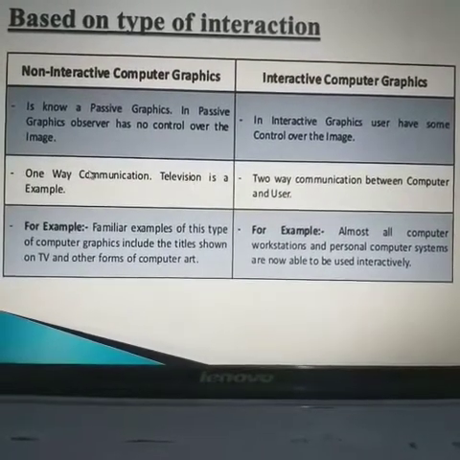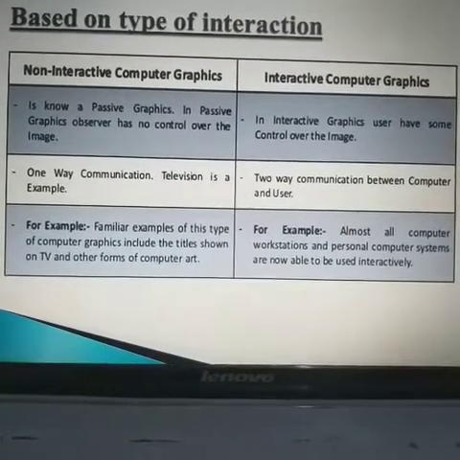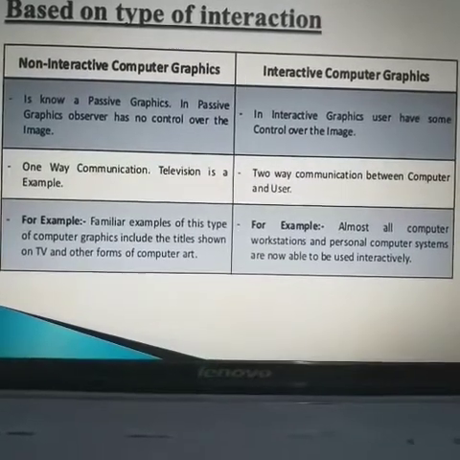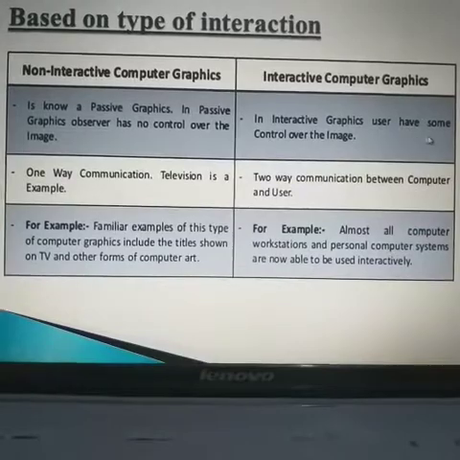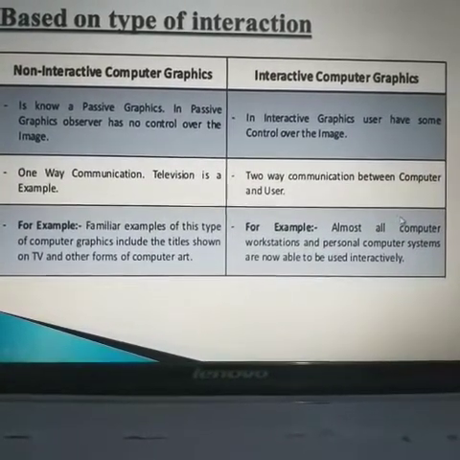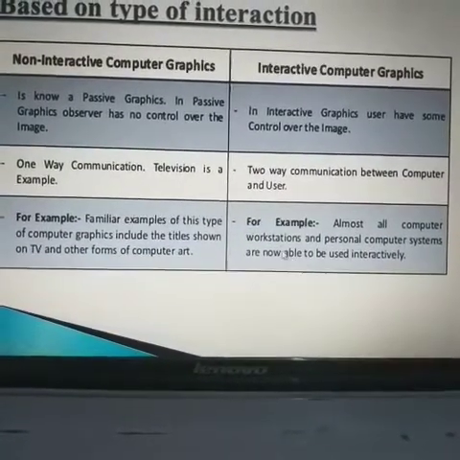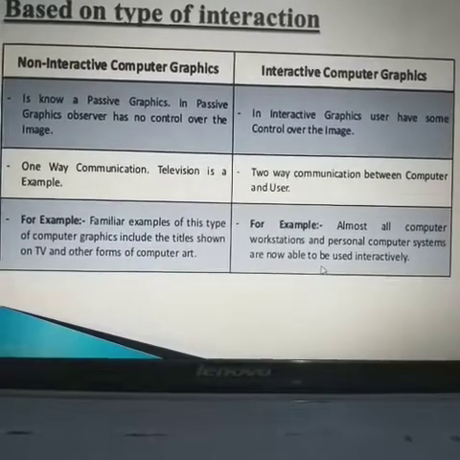It is one-way communication, for example television or the telecast broadcasting system, so there is no user interaction in it. The second one is interactive computer graphics, in which the user has some control over the image. For example, two-way communication between the computer and the user. Almost all computer workstations and computer systems can now be used interactively.